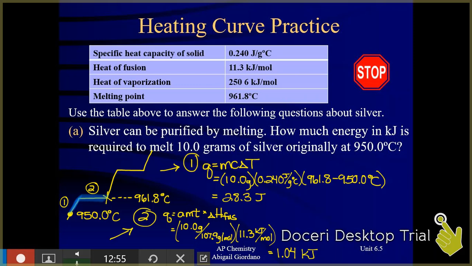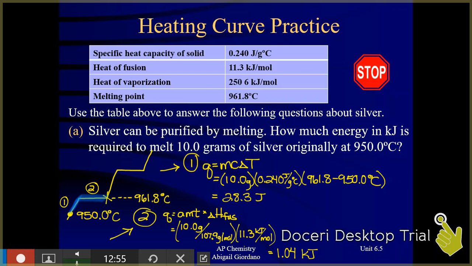Now, if you look up in that data table, the heat of fusion was given to me in kilojoules per mole, which is why you'll notice under the word amount, I have converted 10 grams into moles by dividing by the molar mass, multiplied times the heat of fusion, and down here at the bottom of the slide, I have 1.04 kilojoules. Now that's not the final answer here.